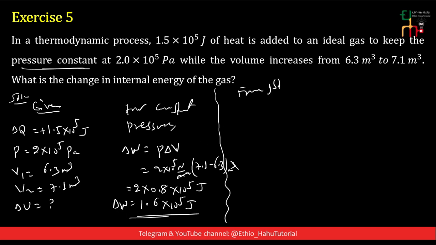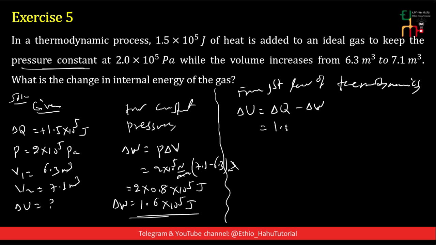From first law of thermodynamics, change in internal energy is equal to delta Q minus delta W. From sign convention, if work is done by the system or if there is expansion work, delta W is positive. If work is done on the system or compression work, delta W is negative. This is equal to delta Q, which is 1.5 times 10 to the power of 5 joule, minus, in this case, this work done is expansion work.